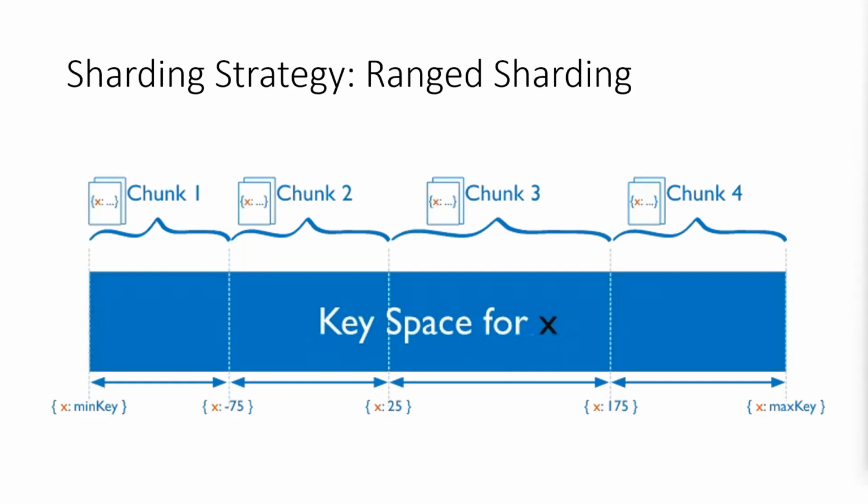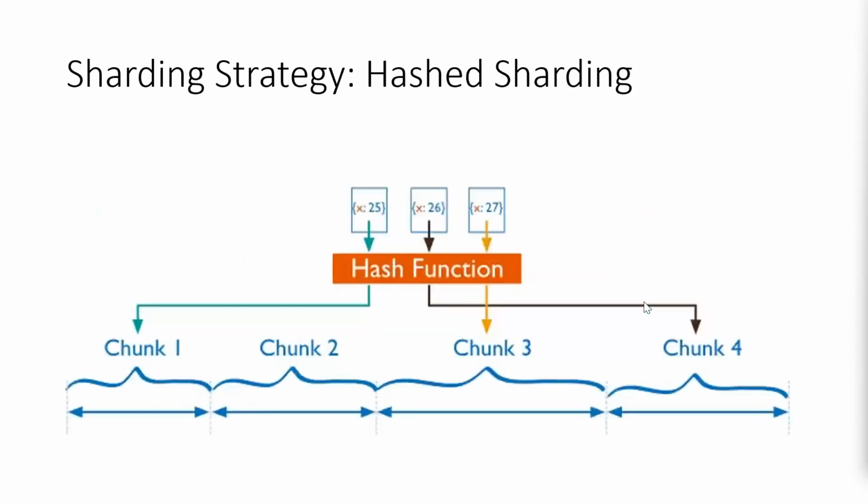So in hash sharding, we will have a hash function, and depending on the hash function, we are going to create the chunks. The hash function is what we'll use to decide on the chunk.